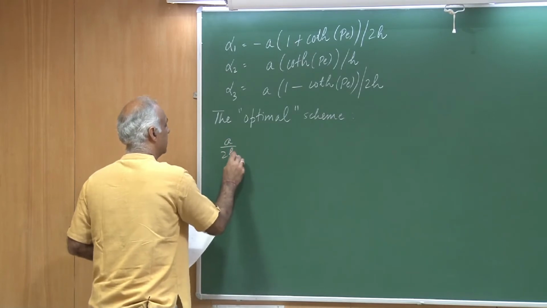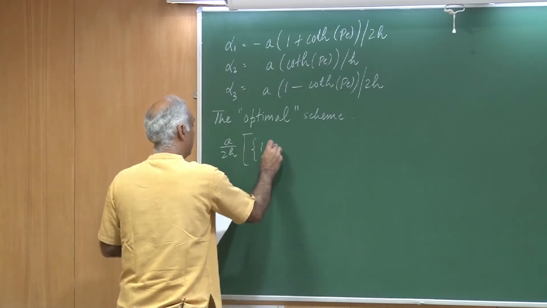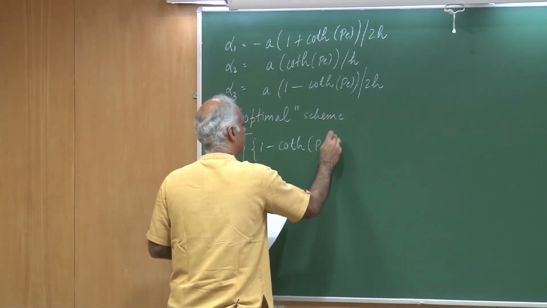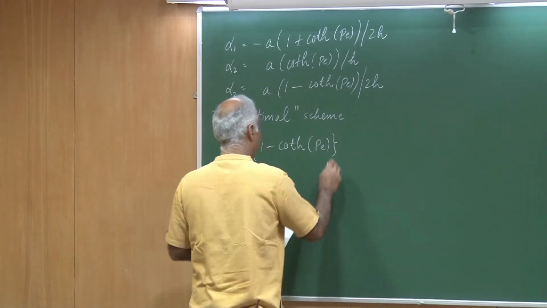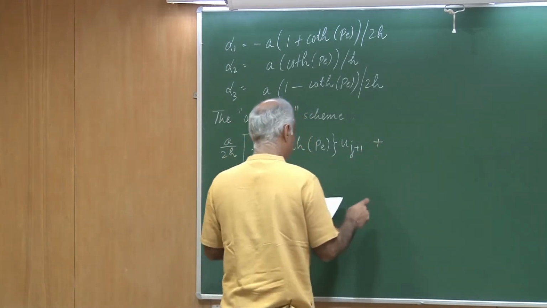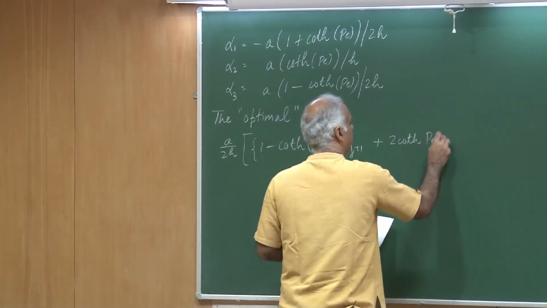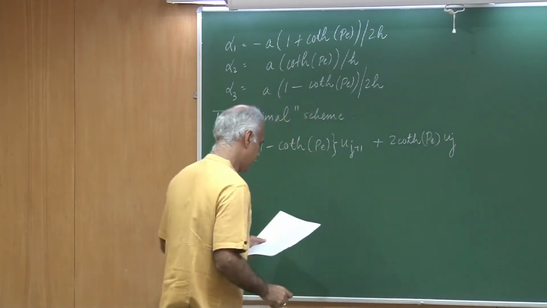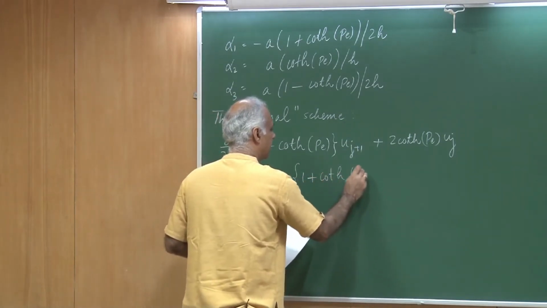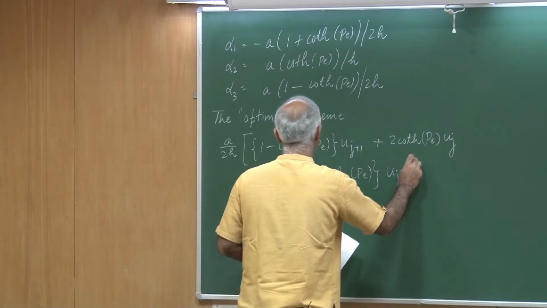So a over 2h of 1 minus cot hyperbolic Peclet number times u j plus 1, plus twice cotangent hyperbolic of Peclet number times uj, and then minus 1 plus cotangent hyperbolic of Peclet times uj minus 1.